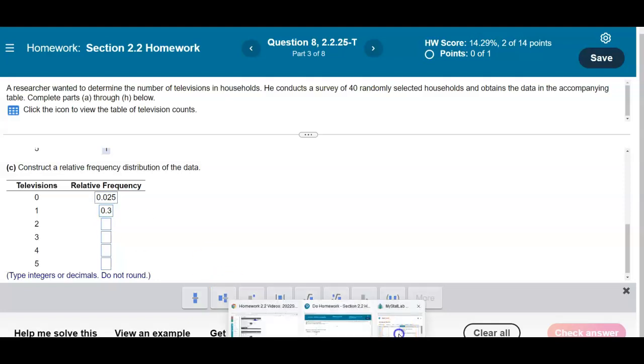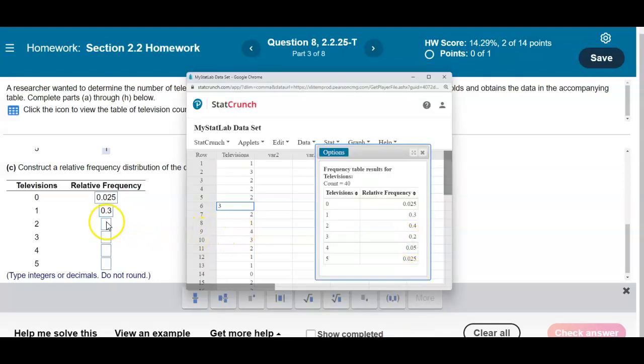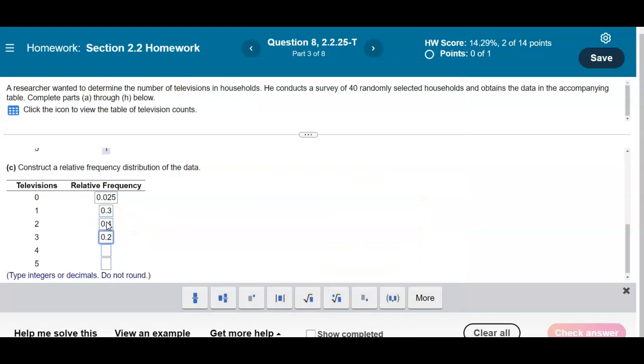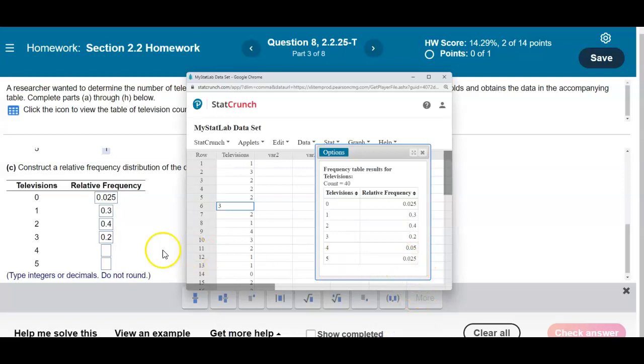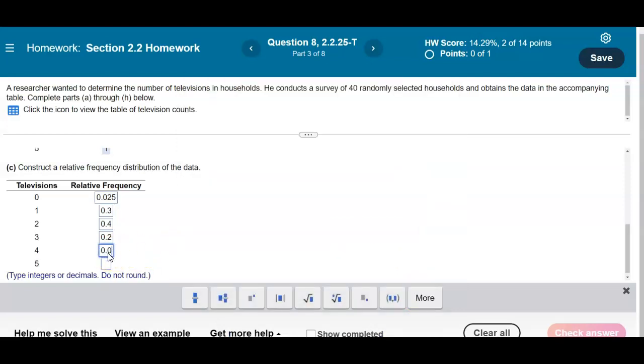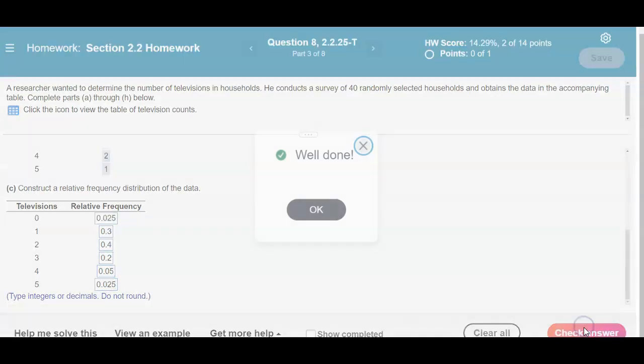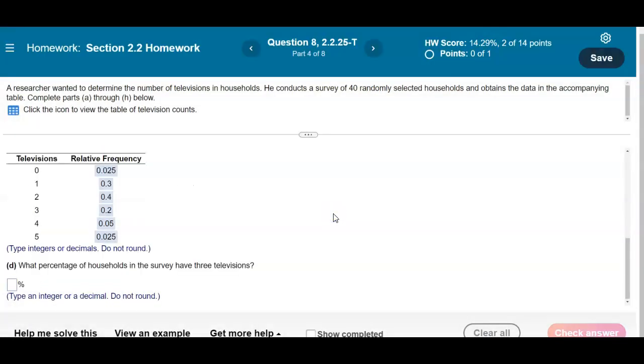Then we have 0.4 and 0.2. And then the last two, 0.05 and 0.025. And there is our result.